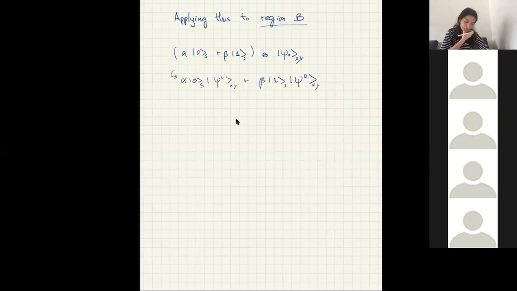Then what is the observable of interest? Well, it's an observable that just distinguishes between 0 and 1. So we take, for example, the observable z. We don't want to measure the x component of the spin because then this would give us a different decomposition, a different breaking into superposition.